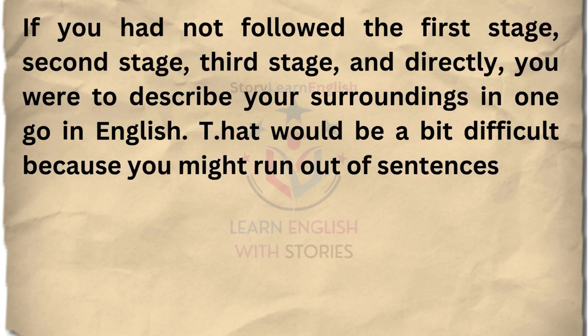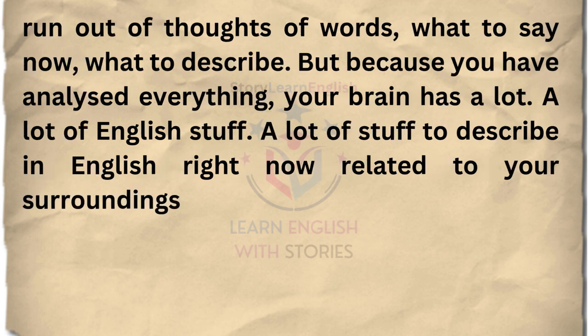If you had not followed the first stage, second stage, third stage, and directly, you were to describe your surroundings in one go in English, that would be a bit difficult because you might run out of sentences, run out of thoughts, of words, what to say now, what to describe. But because you have analyzed everything, your brain has a lot of English stuff.